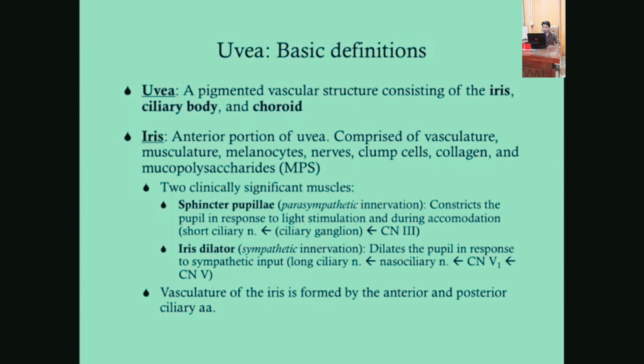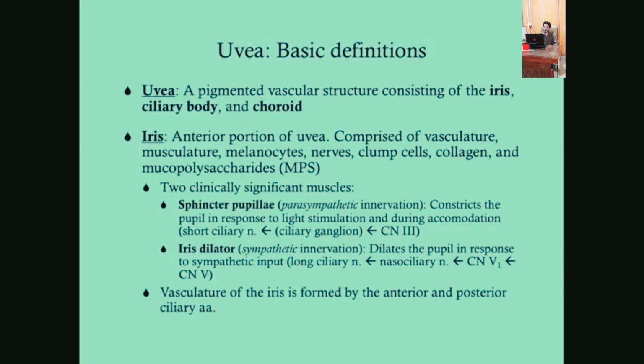If you go outside and it's sunny out, you don't want to get all that light into the back of your eye and onto your retina, because that would be damaging. It also constricts when you need to accommodate. So when you're looking at something close up, you actually want less light to come into your eye, because if there's less light coming into your eye, it's actually going to project the image more anteriorly, and that's useful when you're looking at things close up. So this helps with accommodation.